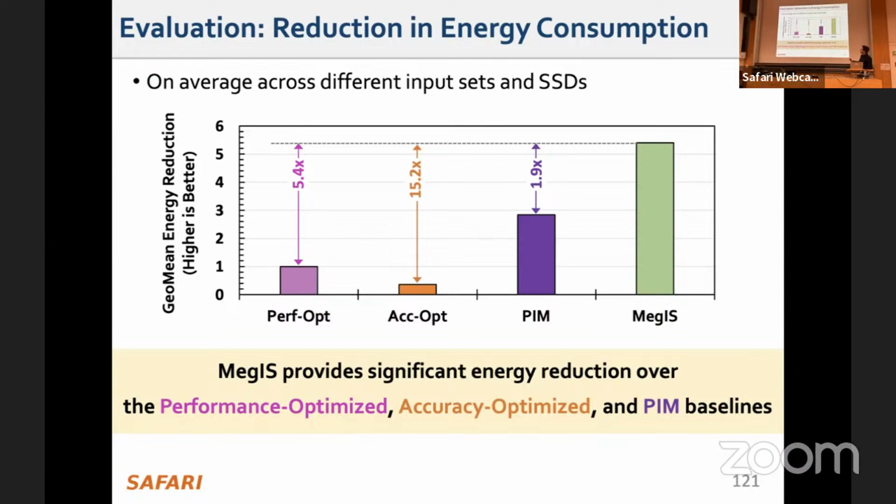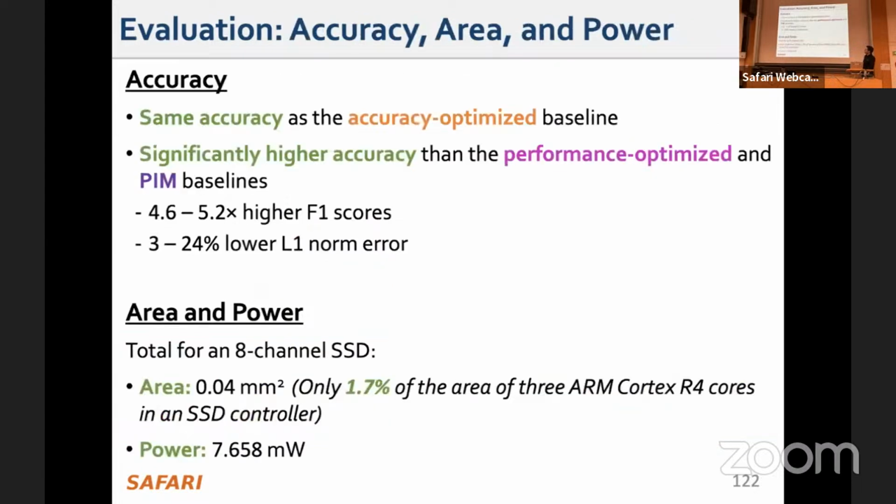Here, since you minimize the data movement, you reduce the energy consumption, because PIM usually requires a higher power consumption than simply the SSD. So by relying on the SSD and the computations inside the SSD, you can also reduce the overall energy consumption compared to PIM as well.